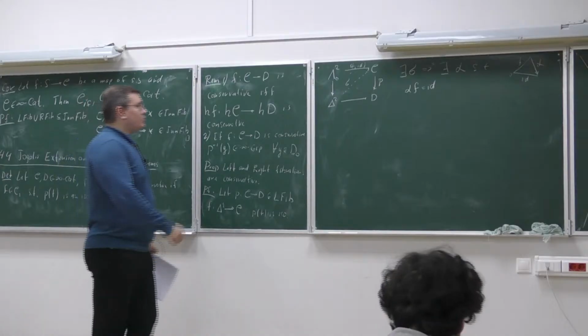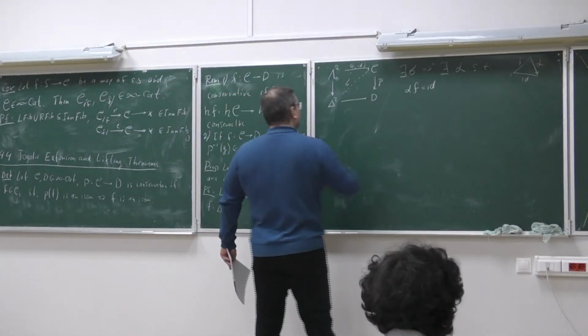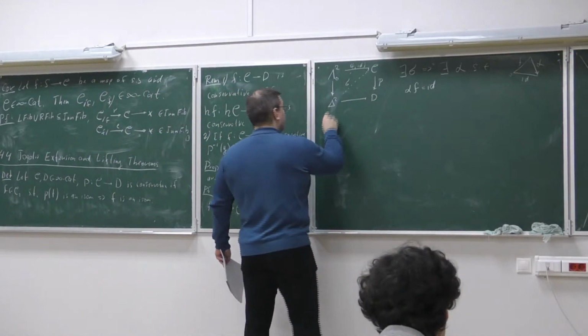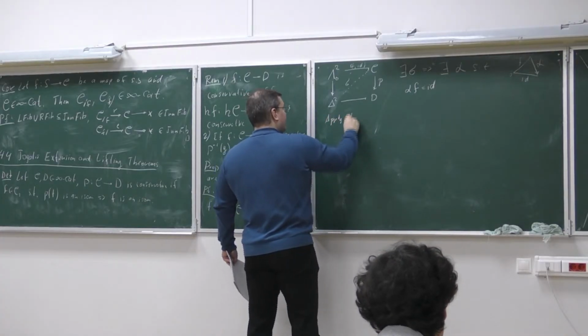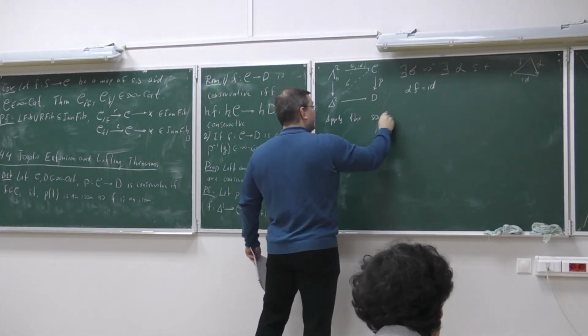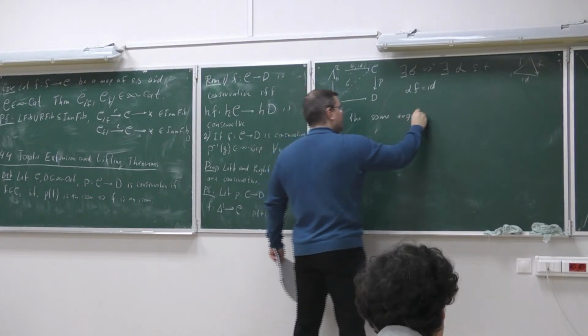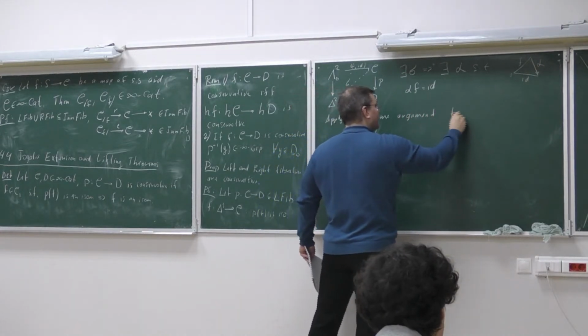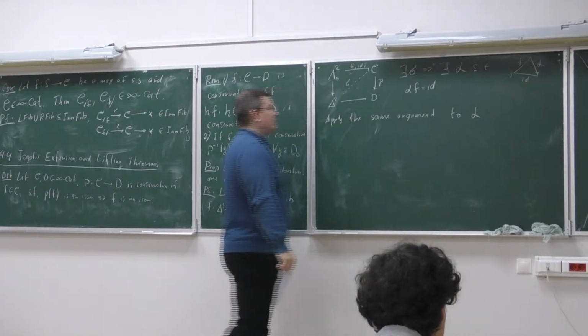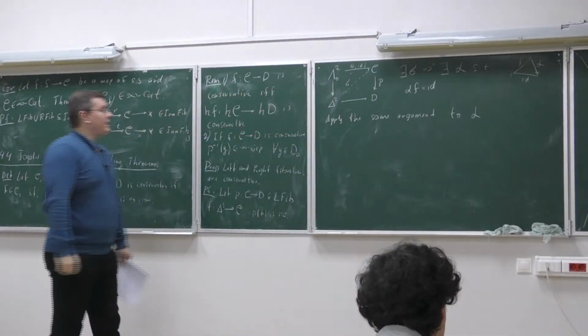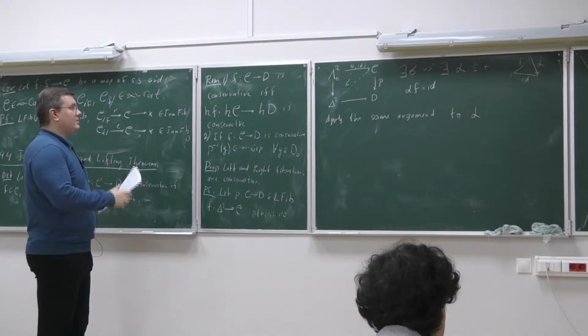So what we can do then is take this lifting problem, and apply the same argument now to the map alpha. This is what I want to do, right?